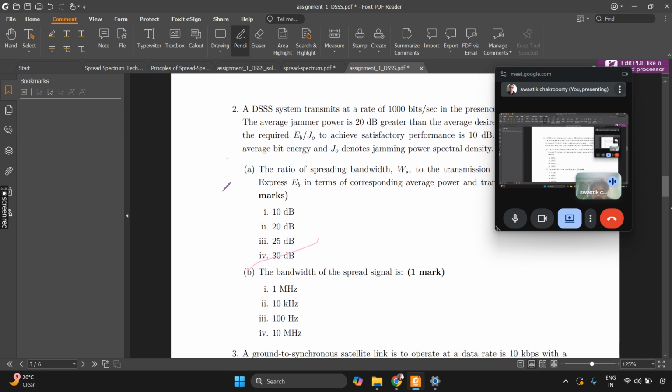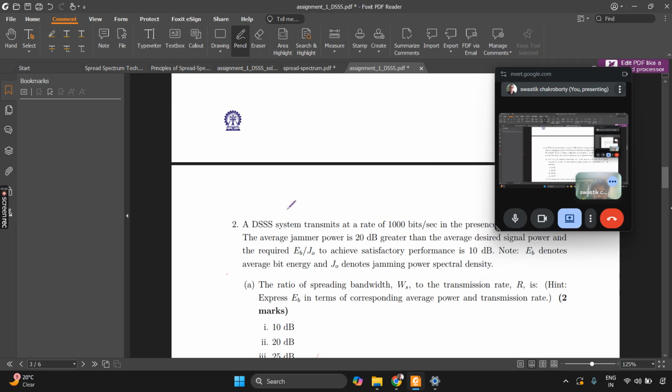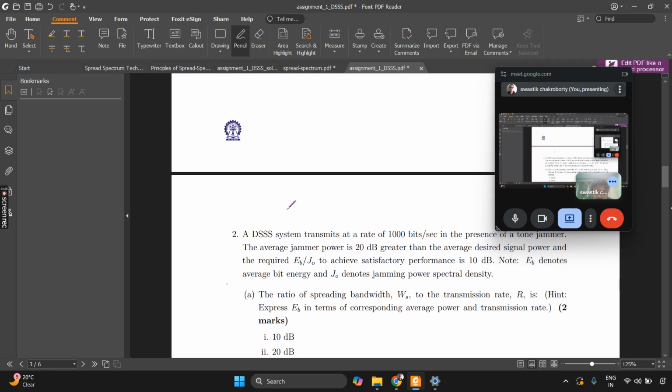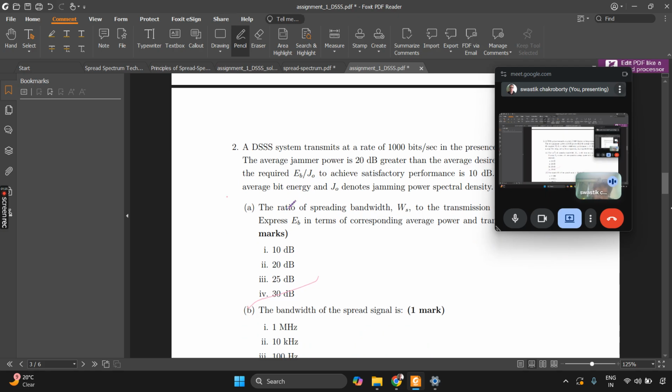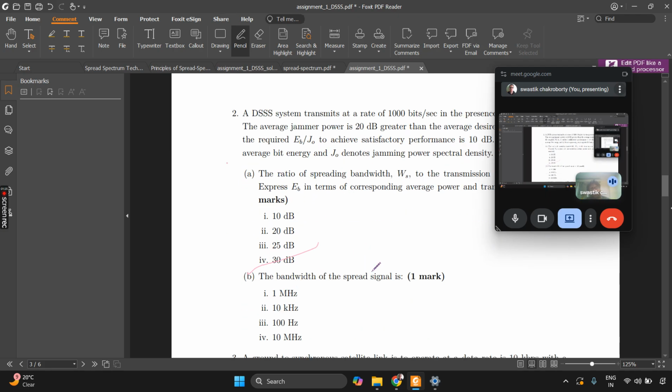Next, the bandwidth of the spread signal is... R is 1000 bits per second. So it is simple: Ws by R is 30 dB, and 30 dB means 10 to the power 3.